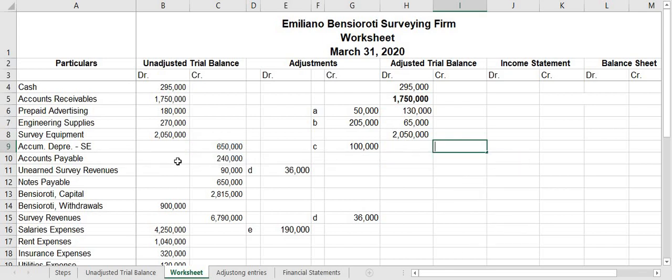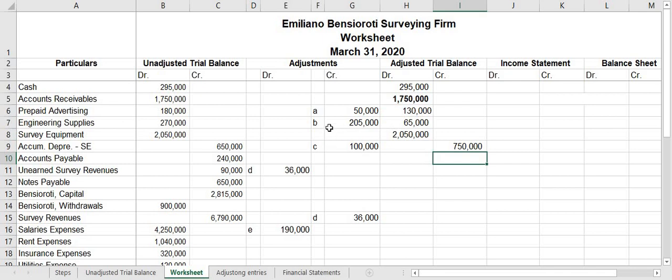sa adjusted trial balance with the credit adjustment sa yung adjustment column. Ayan. So, the adjusted balance of your accumulated depreciation is now 750,000. Let's proceed with liabilities.